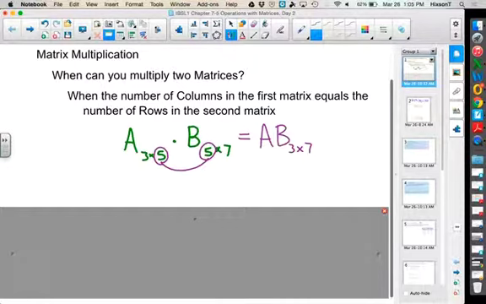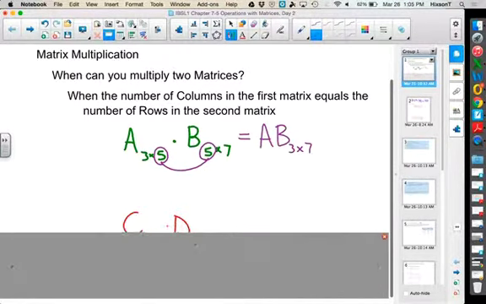The middle two have to be the same. Your result is the number of rows from the first one and the number of columns from the second one. Now, that should make better sense as to why that is once we look at the process of multiplying them.